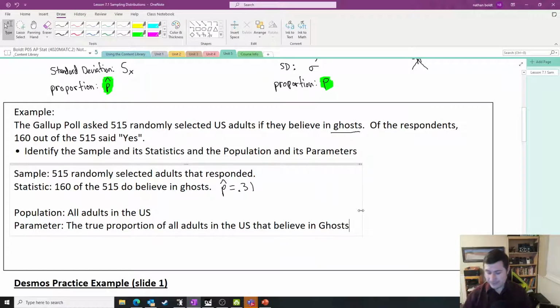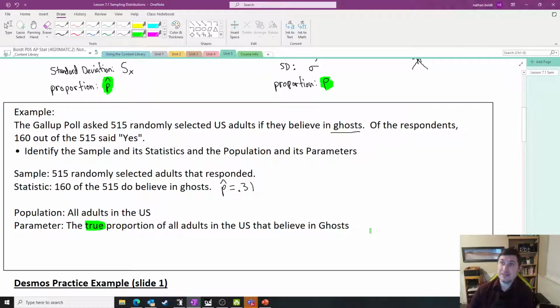Now, a couple of things about that sentence. There's a few important words in there that I want you to try to emulate. The word true helps me see that you are actually talking about the entire population and not the statistic. The true proportion, the actual one, not the sample.